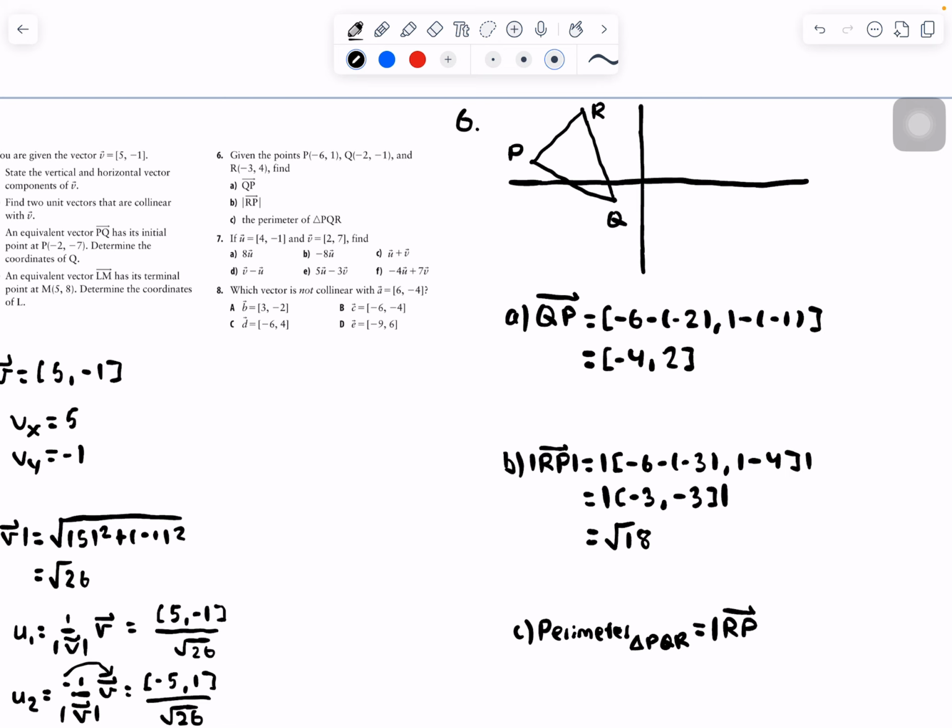That one would be definitely useful. We might as well use QP as well, because we're almost done with that. We can just calculate it at the end real quick. So we have RP, QP, and why don't we do RQ as well?